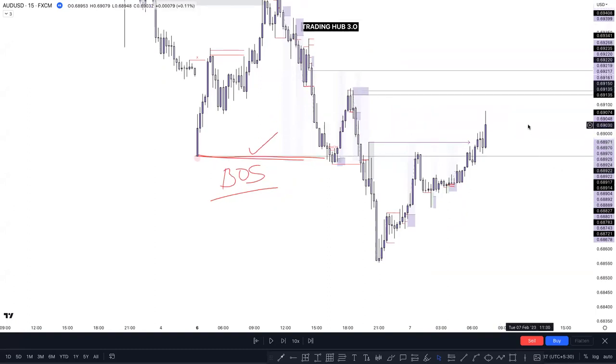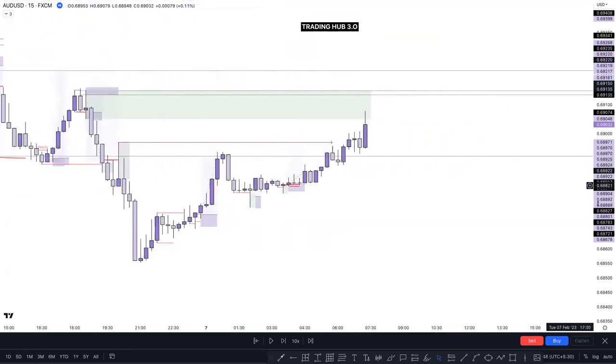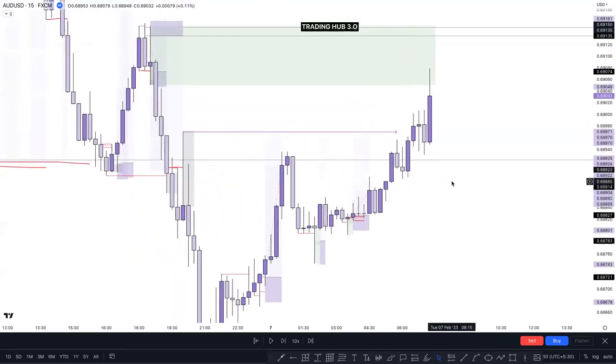And where is our next possible entry for a sell? So this is a PY, as you know, because this is our order block, right? If you wish to sell here, buy here and sell here again, same situation: previous low taken out, this acts like a PY, you can buy here.